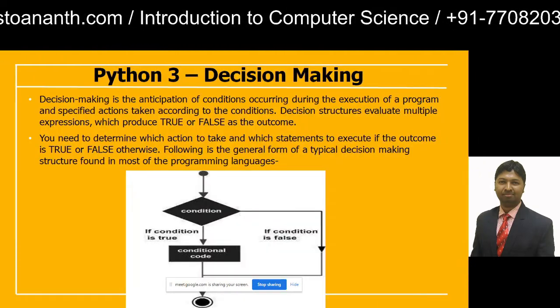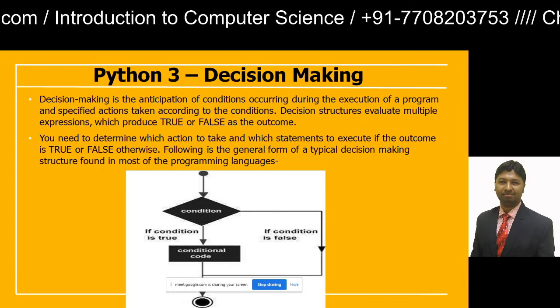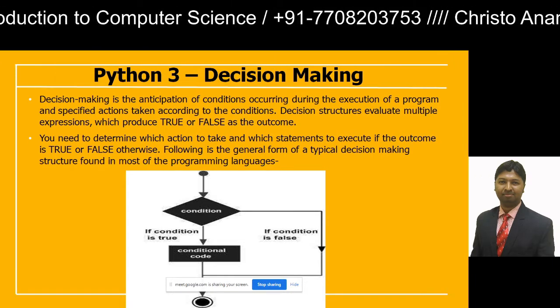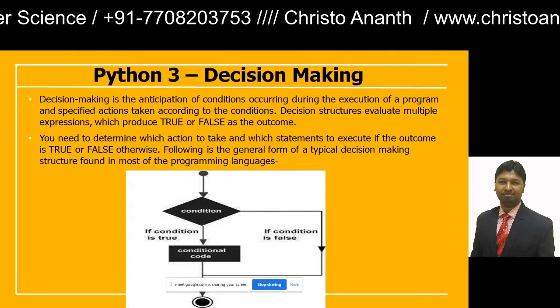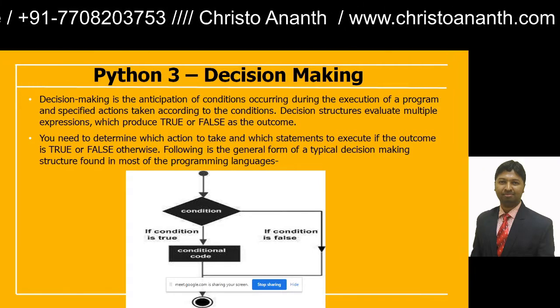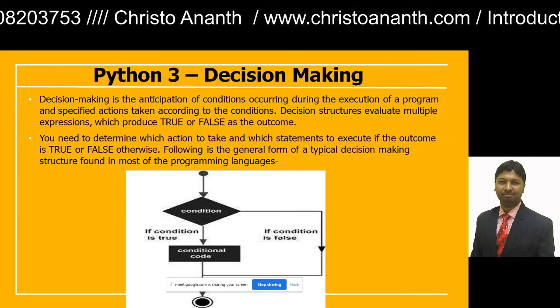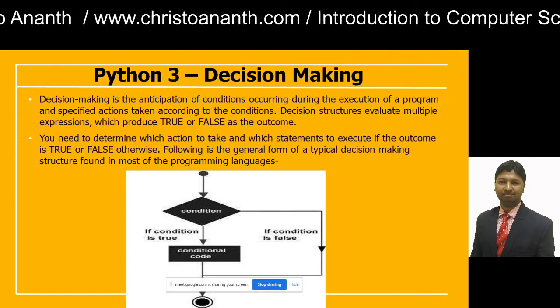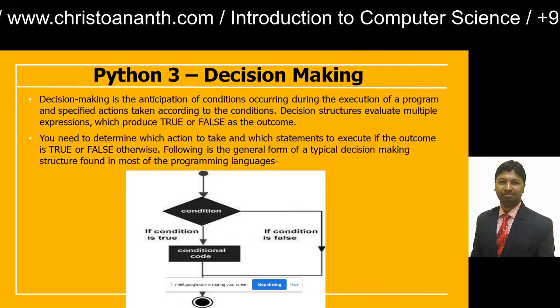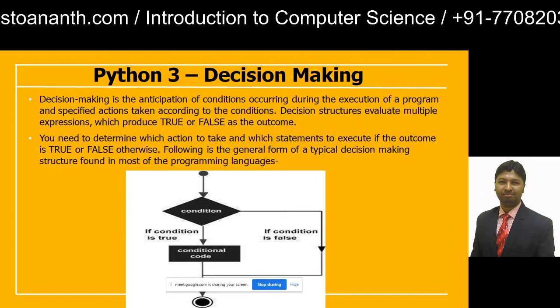So, in the case of Python 3 decision making, decision making means you have to decide whether it may be true or it may be false. So, you are going to execute the program and you have to come up with a solution whether it is true or false. In the case of decision structures, it evaluates multiple expressions.